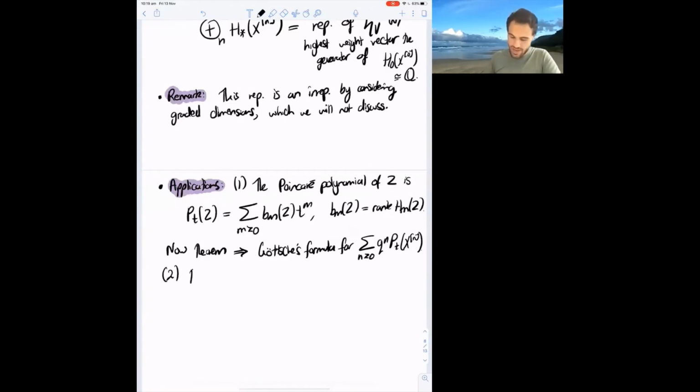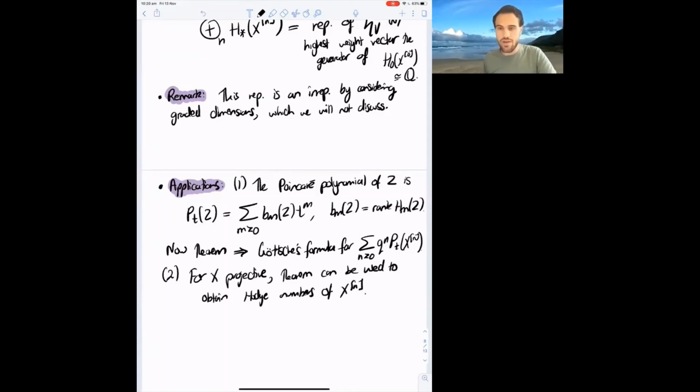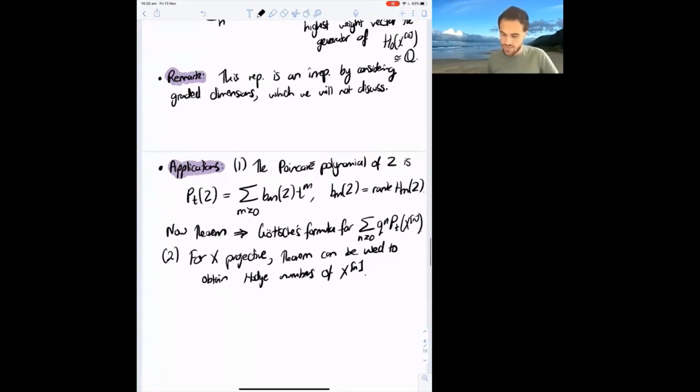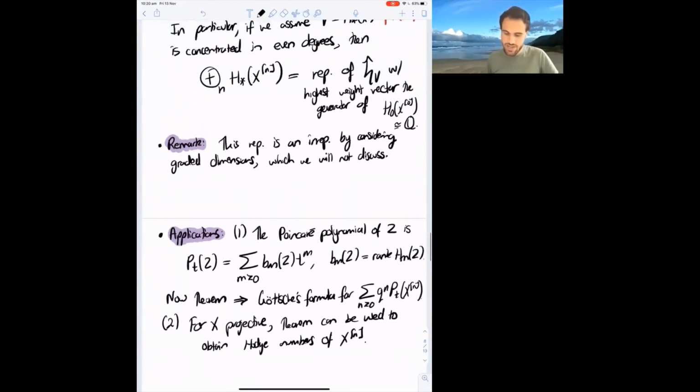And then one other thing is that for X projective, the theorem can be used to obtain Hodge numbers, so ranks of Dolbeault homology. But I can't say much about these applications. I'm not sure whether there are other applications that you can find from this. Maybe Anthony or Emily knows more, but these were two nice applications of the theorem that Nakajima at least talks about.